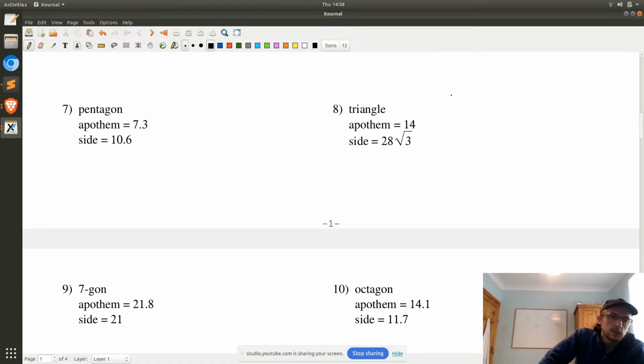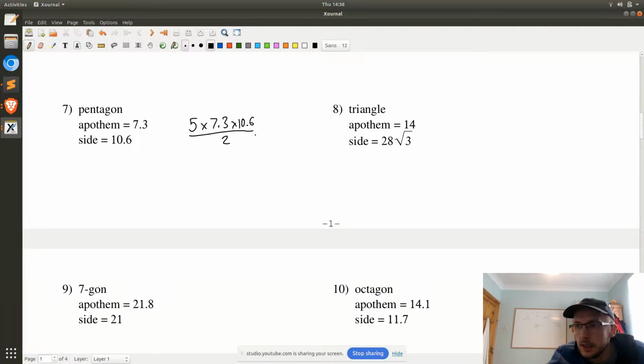So now we've got a pentagon with an apothem of 7.3 and a side length of 10.6. And so we do 5 times 7.3 times 10.6 and divide everything by 2. N a l over 2: number of sides, side length, and the apothem. You want to get it in the right order. I know it's immaterial, but it will help cement the formula better. See?